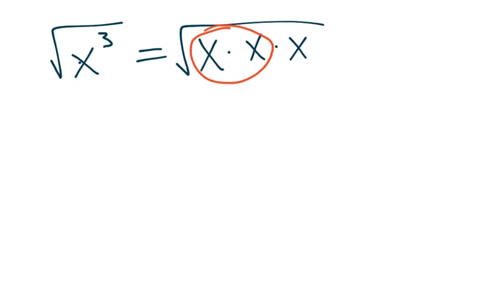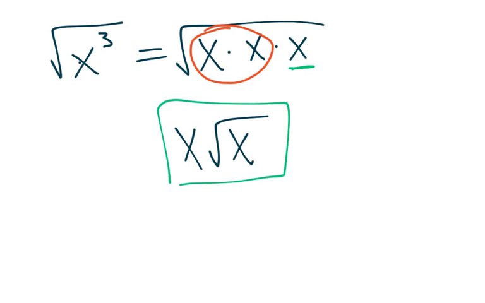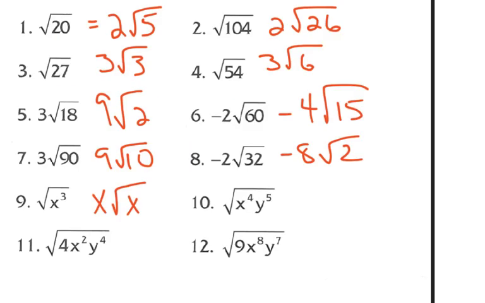You're looking for perfect matches. An x and an x, perfect. So it's going to come out front, and this x has to stay in, and so the final answer is x square roots of x. And again, it's actually easier to do variables than it is to do numbers. So go ahead and try number 10 by yourself and see if you get it figured out.